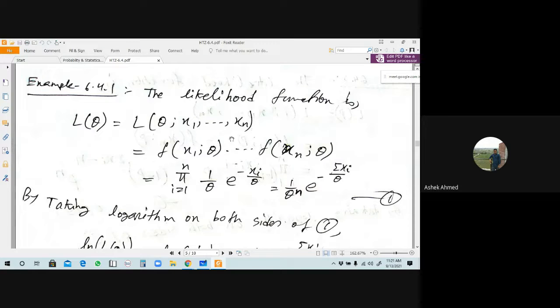Okay, so when you write this term in the product form, in that case you have to replace x by xi here, with i from 1 up to n. Okay, so from here tell me, this represents how many product terms here? 1 by theta into e to the power minus xi by theta, এখানে কতটা টার্ম প্রোডাক্ট আছে টেল মি?